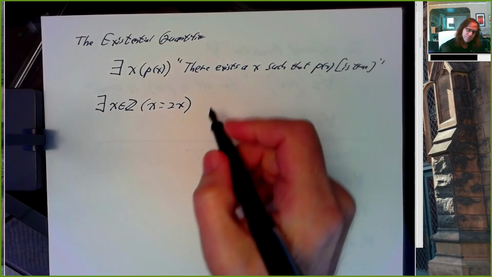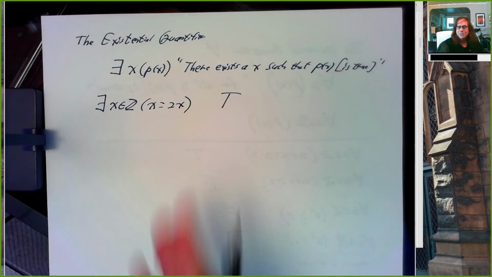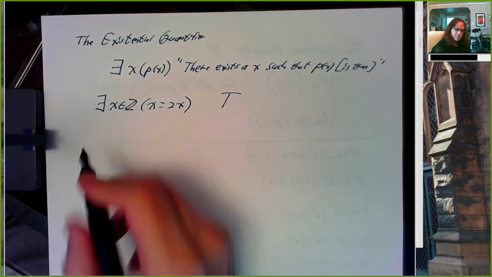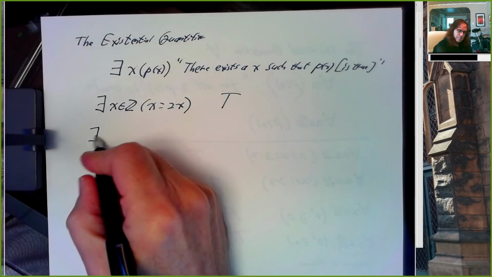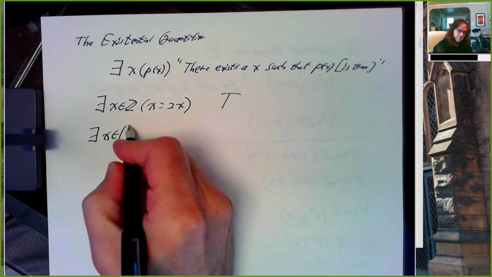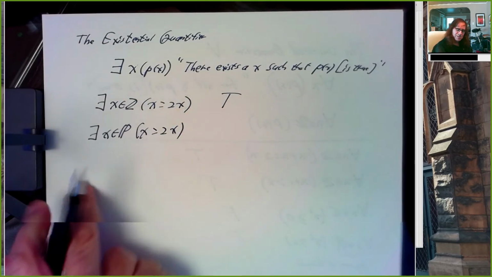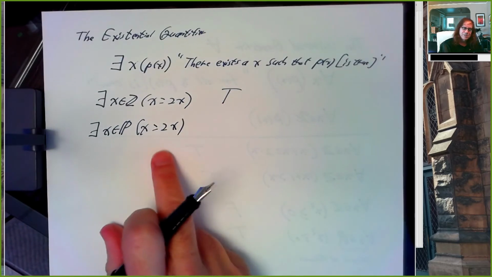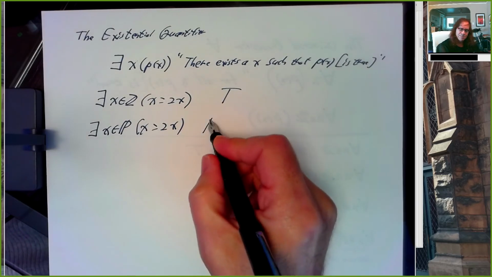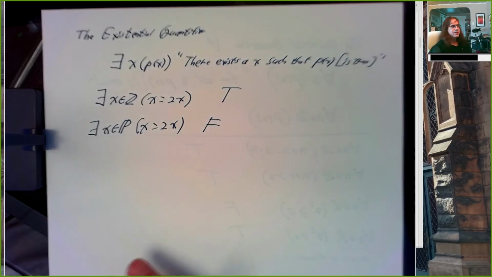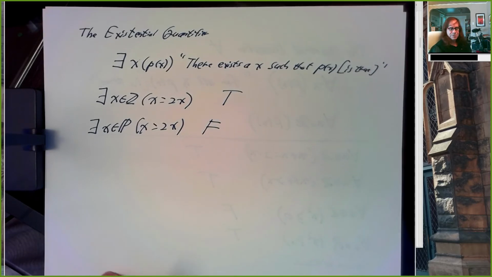That's true. In particular, the value X equals 0. There exists an X in the set of positive integers such that X equals 2X. That's false. Any positive integer, if you multiply by 2, you get a different number from the integer.